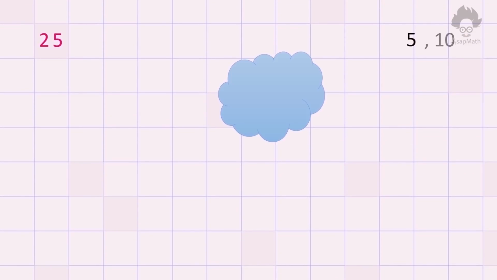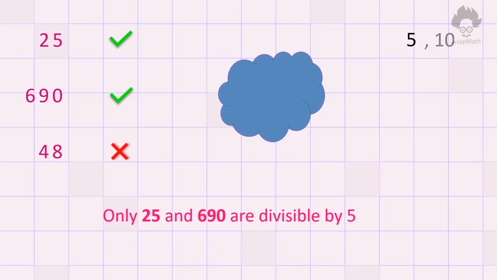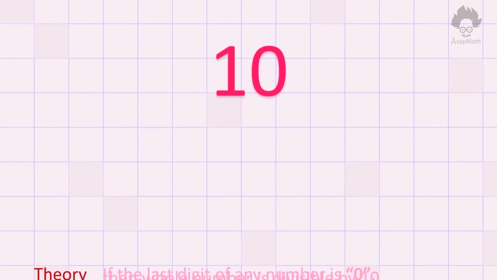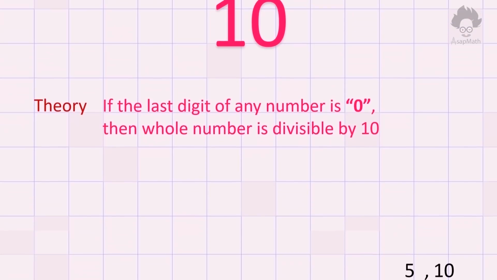This is very easy to check, whether the last digit is either 0 or 5. Moving on to the next number, 10. If the last digit of any number is 0, then the whole number is divisible by 10. We will consider a few examples.